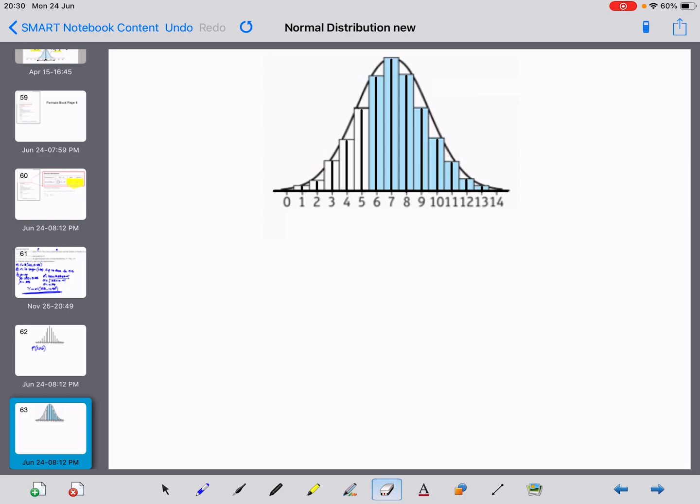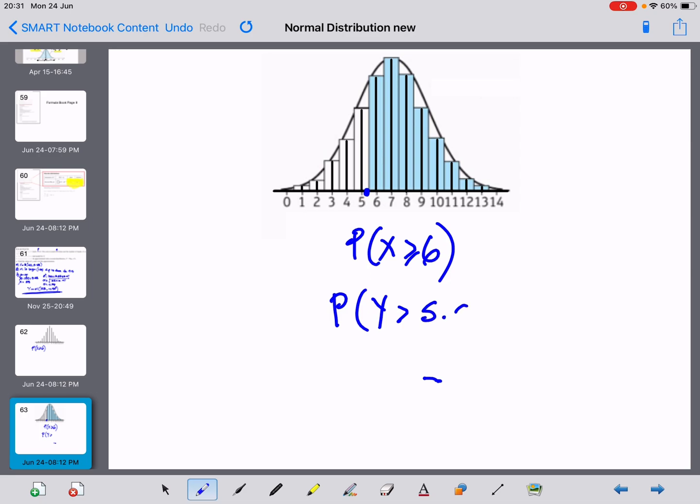Now if you look at the blue shaded ones where I had the probability that x is greater than or equal to 6, that 6 now starts at 5.5. So after we've converted to get our normal distribution, we would say y is greater than 5.5. So that's called a continuity correction.